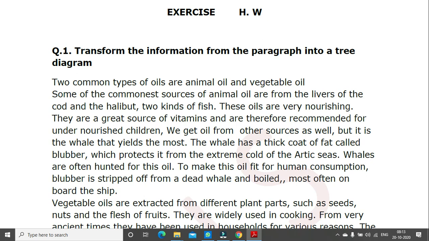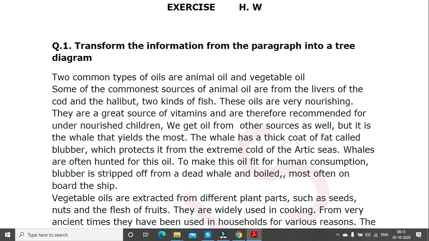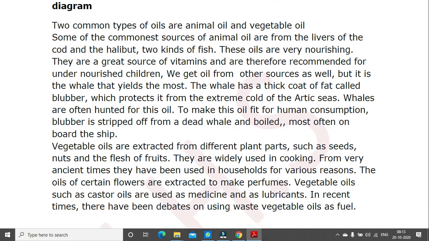To make this oil fit for human consumption, blubber is stripped off from a dead whale and boiled, most often on board the ship. So, this is what used to happen in olden days. Okay, vegetable oils are extracted from different plant parts, such as seeds, nuts, and the flesh of fruits. They are widely used in cooking.